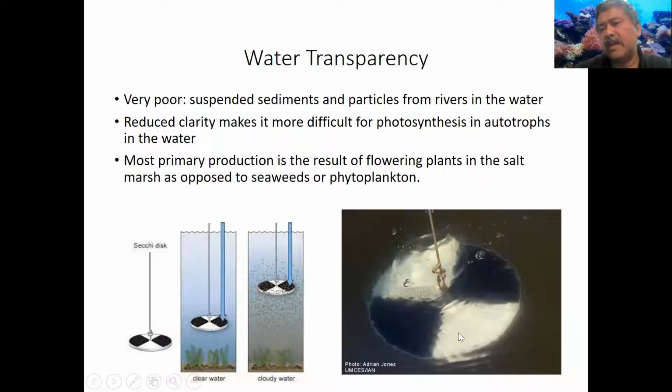The second bullet says reduced clarity makes it more difficult for photosynthesis and autotrophs in the water. It's not just plants. Remember, half of the photosynthetic products, the oxygen in the air, come from microscopic green algae. So in the estuary region, the phytoplankton are going to have a more difficult time going through photosynthesis.